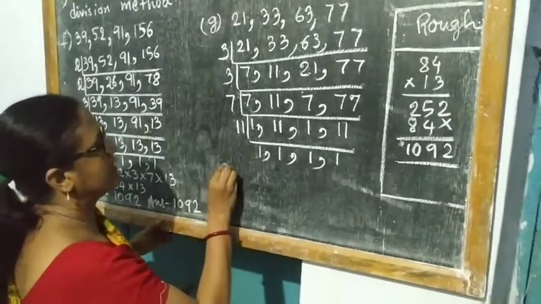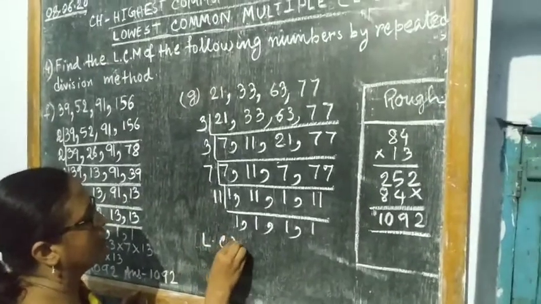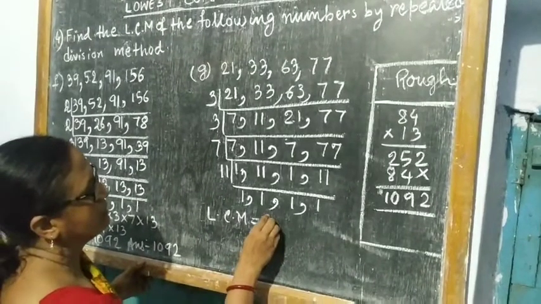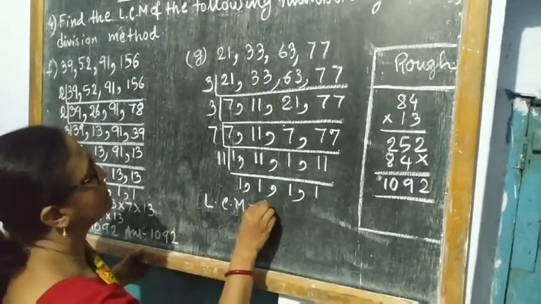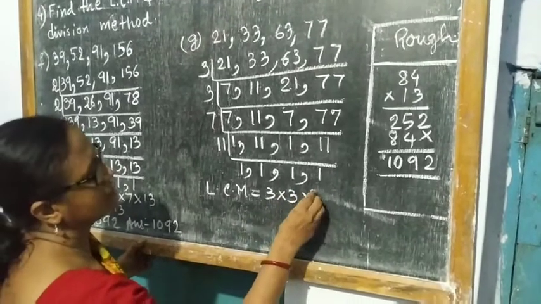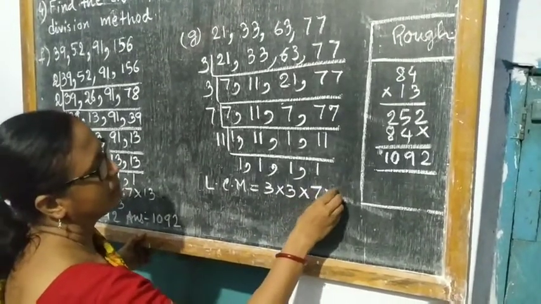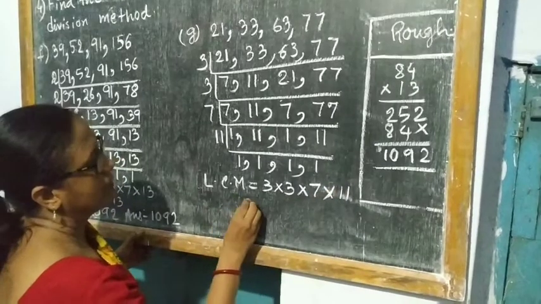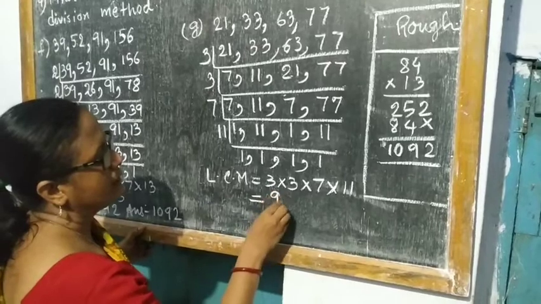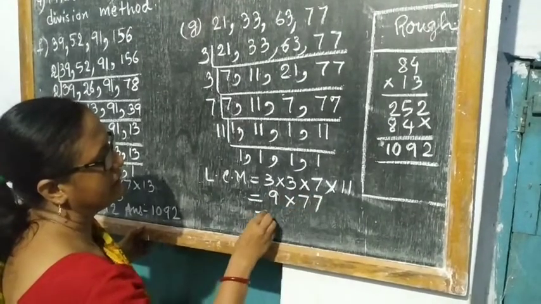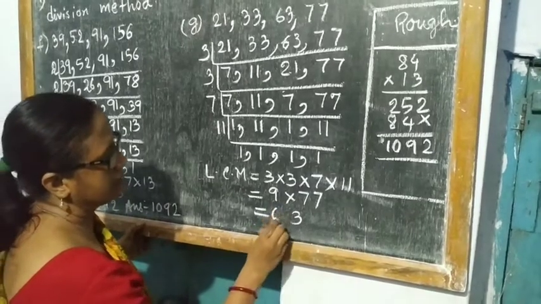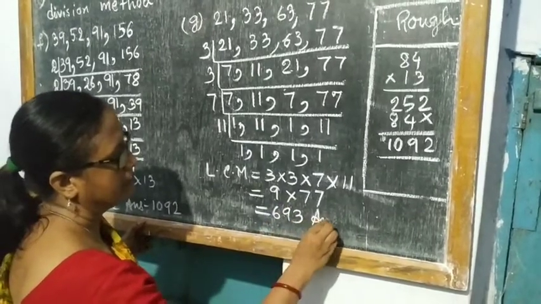So LCM equal to 3 into 3 into 7 into 11. So 9 into 77. 9 sevens are 63, 9 sevens are 63 plus 6, 693.